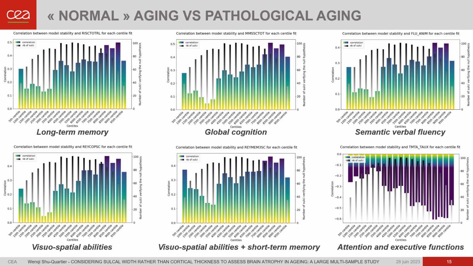The correlation reaches its maximum for the highest percentiles, consistently across all cognitive tests except for phonemic fluency. This suggests that we have successfully targeted the highest risk subjects within the general cohort using only sulcal measures, which indicates the potential of incorporating sulcal width into normative models to be utilized in clinical settings.